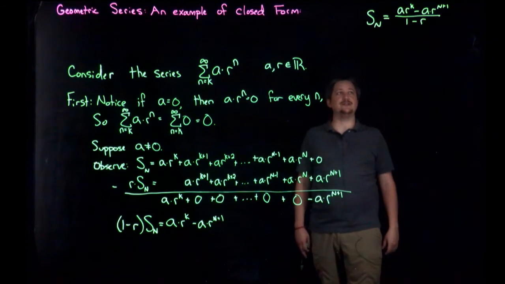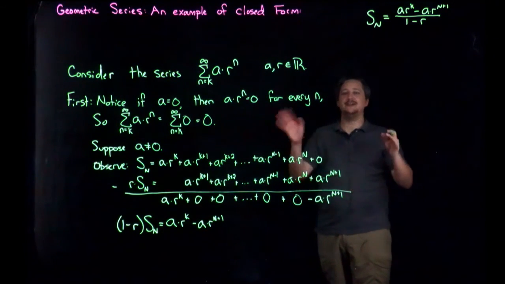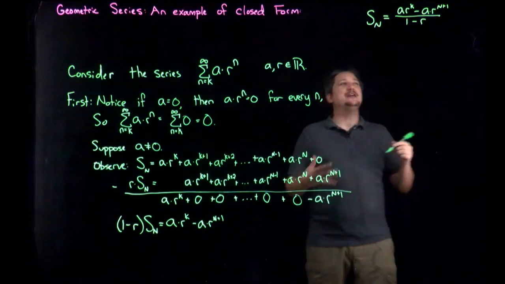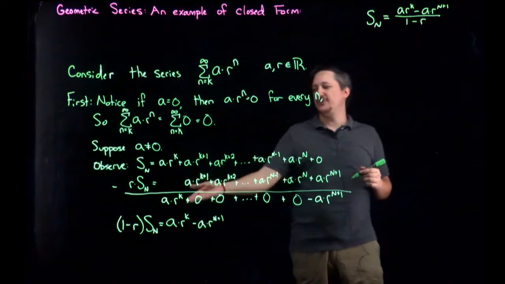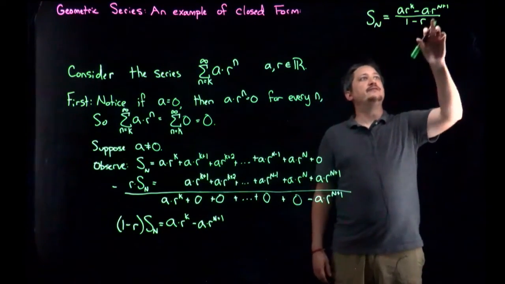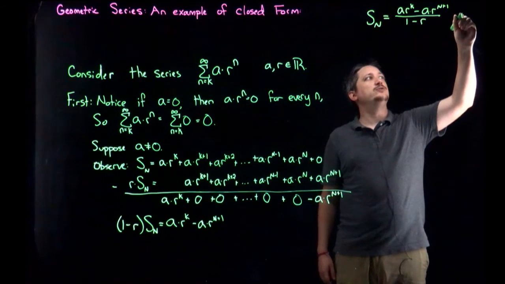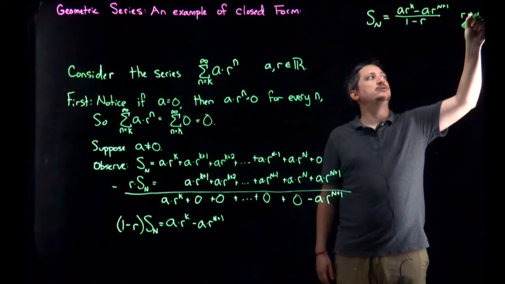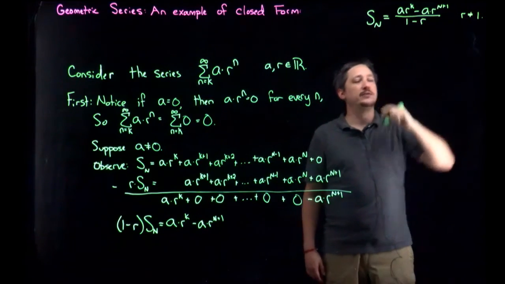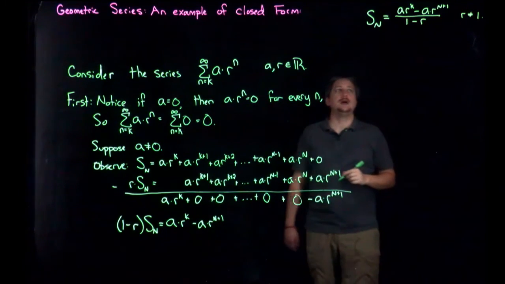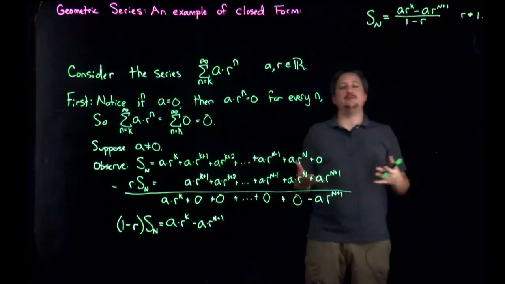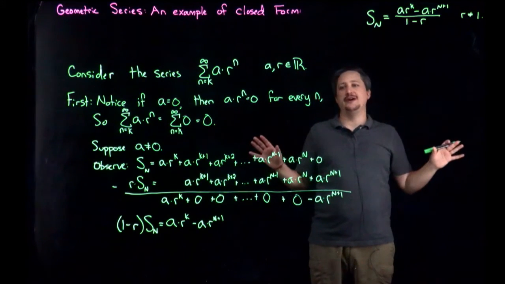Welcome back. I'm sure you definitely paused the video and didn't just say, he'll tell me. So the objection you should have is that I'm dividing both sides by 1 minus r, so if I've done that, I have to implicitly assume r is not equal to 1, okay? Because if r were equal to 1, then I've divided both sides by 0, and that is all kinds of bad.